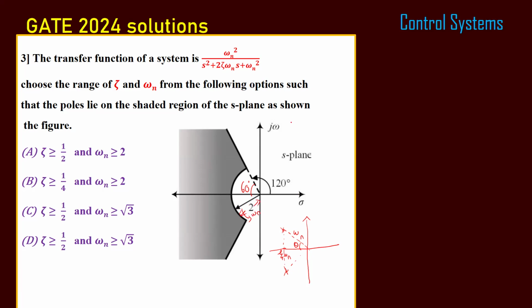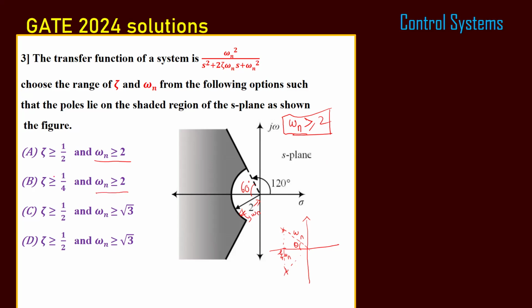So we can write the range of omega n as omega n may be equal to 2 or greater than 2. So we have concluded with the omega n range. Now observe the option. In option A, we are having omega n greater than or equal to 2. And in option B, we are having omega n greater than or equal to 2.